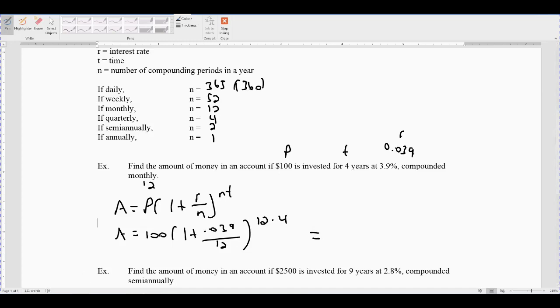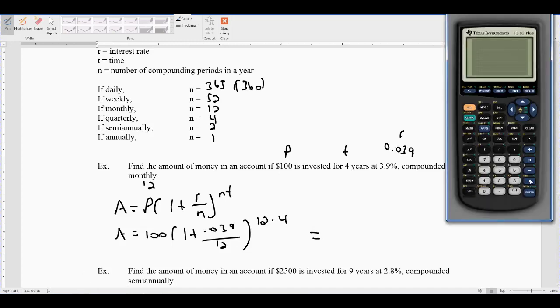Graphing calculator is easier, so I'm going to do it first. I'm using the TI-83 now. So 100, parentheses. I'm going to type it in the exact same way I would say it: 1 plus 0.039 divided by 12, close, exponent. Now here's where it gets a little tricky. If you want to do 12 times 4 is 48 and type in 48, that's fine.